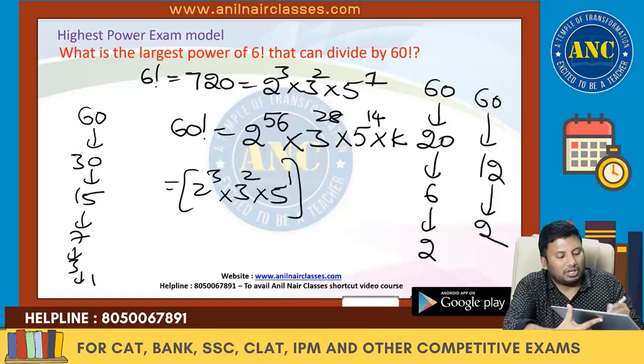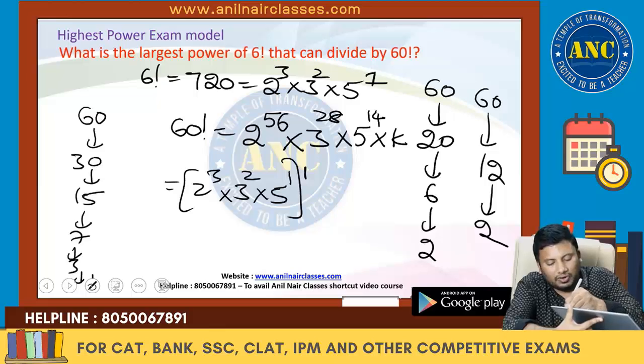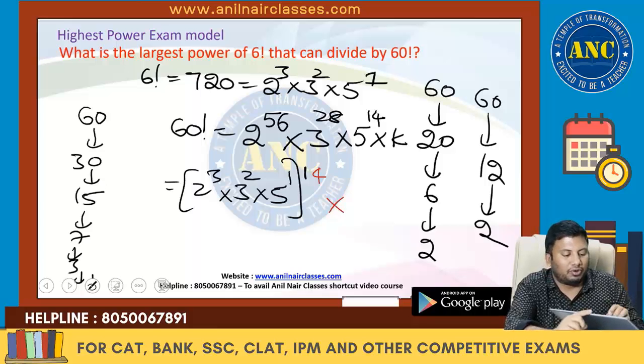Power 3 goes, so a total of 14 can be taken. Am I right? 2 4s are 8, 2 14s are 28. Why are we taking 14?